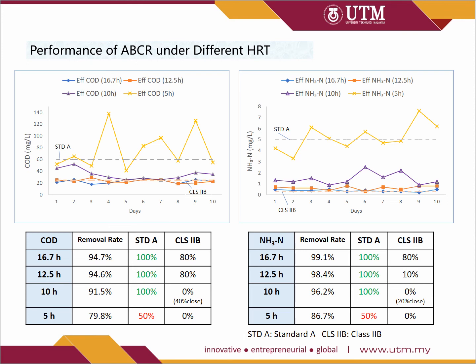So if the pollutant is lower than 60, this will achieve the standard. But if the retention time is 5 hours, the yellow color, it is over standard A. If the company wants to use recycled water for the boiler, the water must be standard A because it will have low minerals, avoiding mineral deposits on the boiler, which would reduce energy efficiency. That's why standard A is of interest here.